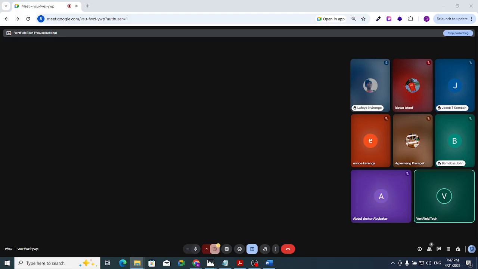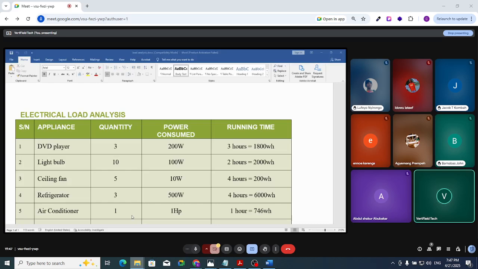The first parameter is the quantity of appliance. The second one is the power consumed by the appliance, and the third one is the running time of those appliances.